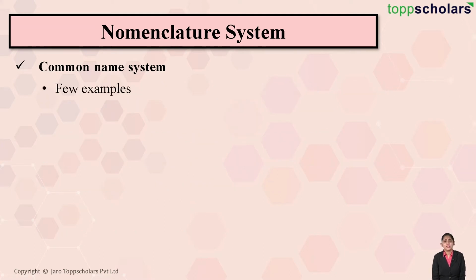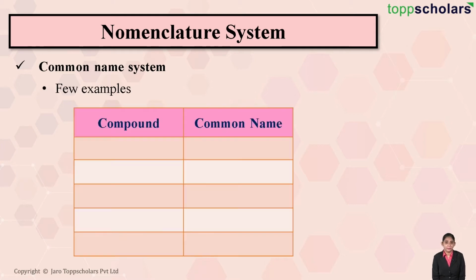So here you can see some examples of the common name system that were used at that time. The first compound we have is CH4, and the common name used for this compound is methane. The next compound we have is C6H6, and the common name used for the compound is benzene.